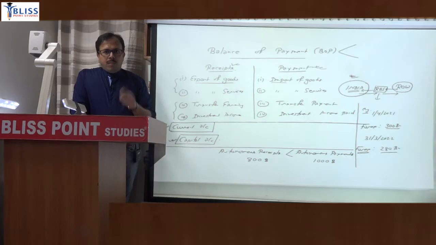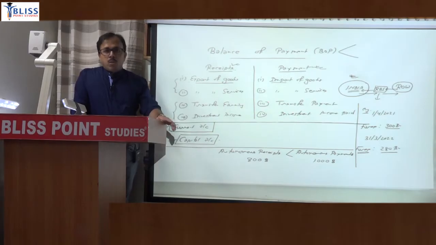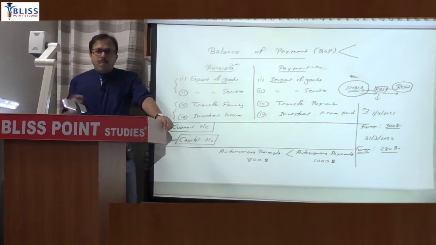Now that borrowing is called accommodating transaction. Why is there need to borrow? There was need to borrow because there is imbalance between autonomous payment and autonomous receipts. If autonomous payments and autonomous receipts were equal, then there was no need to borrow. So that borrowing is called accommodating transaction. But it is not always that you have to borrow.